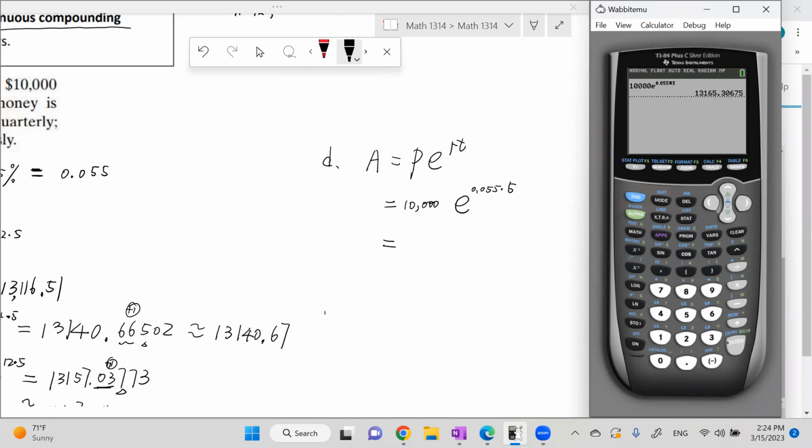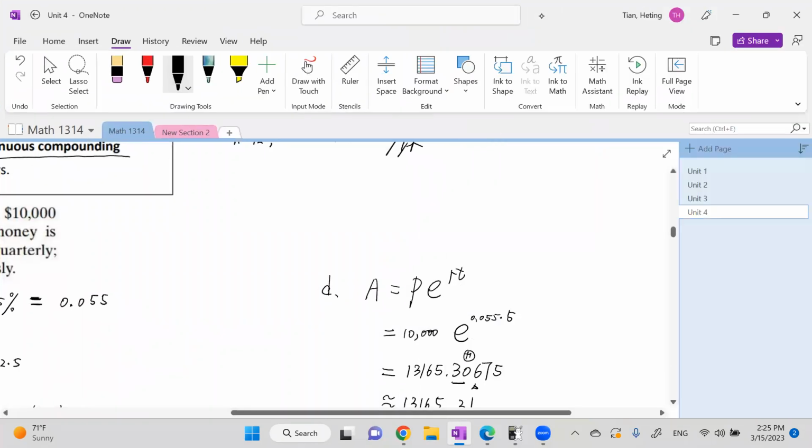So we are having 13165.30675. We need to keep 2 decimal places. So here is 6, which means we add 1 to the 0 part. We have 13165.31.